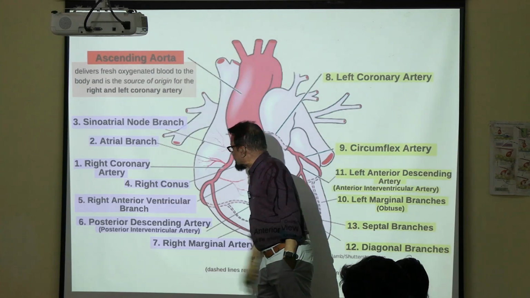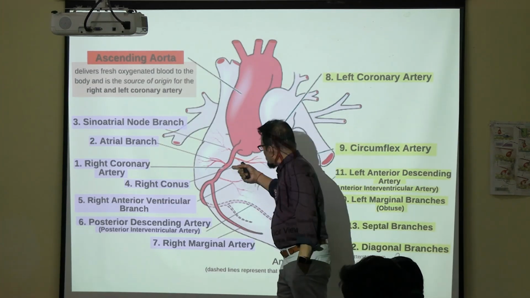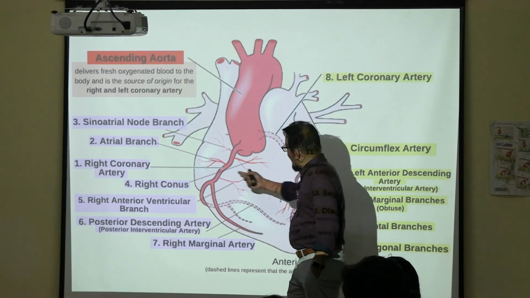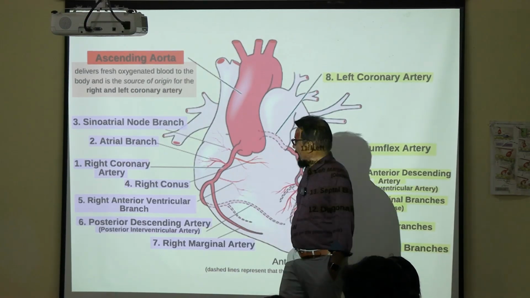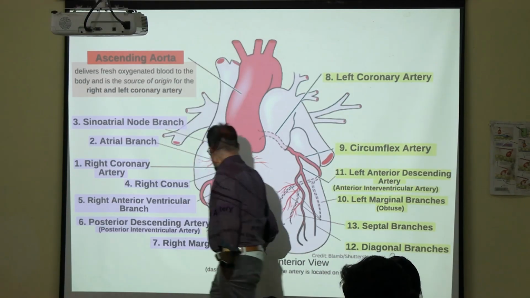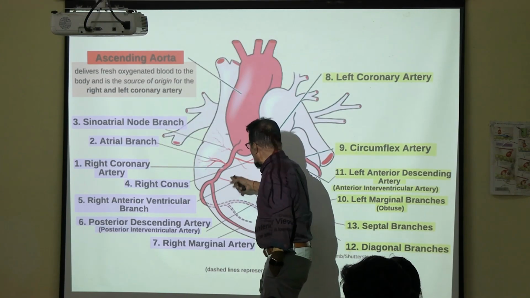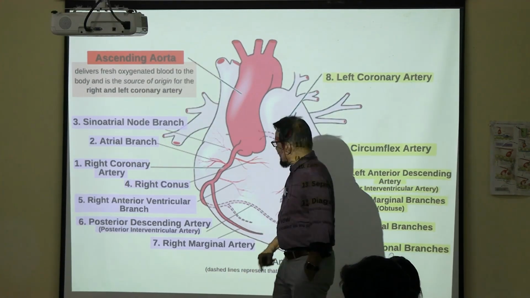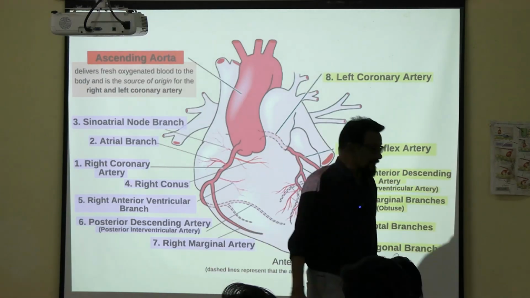Then it will produce two main branches. This is the marginal branch, and this will go towards the back. This is called the posterior descending artery, PDA in short.